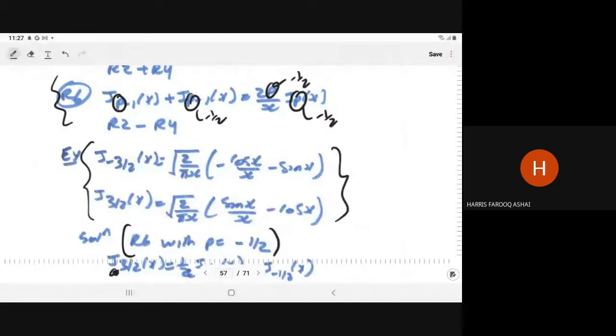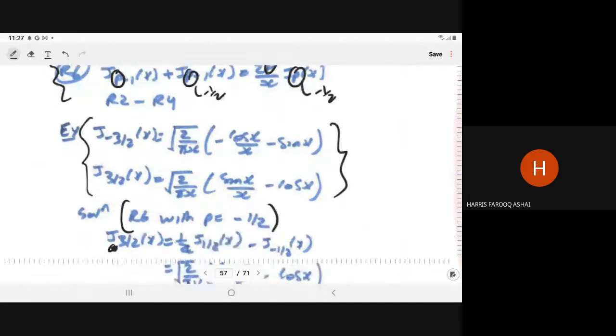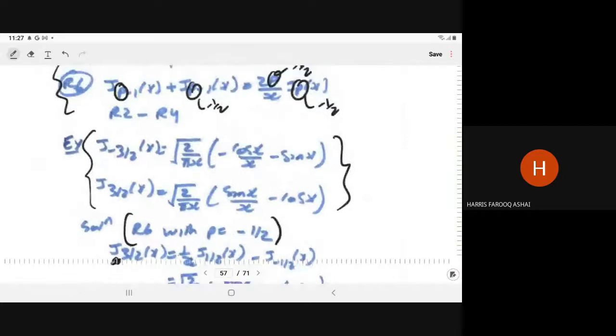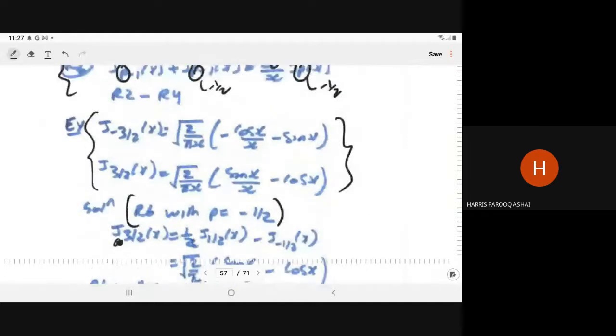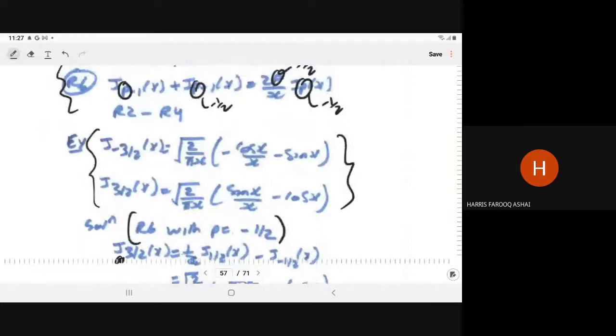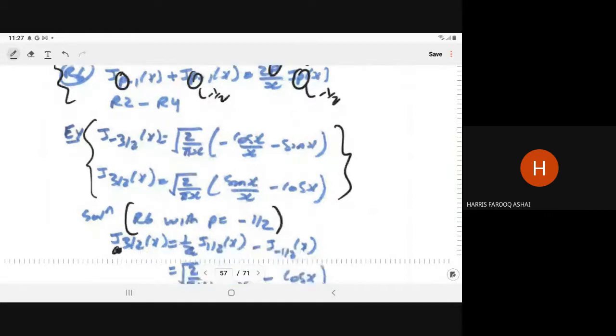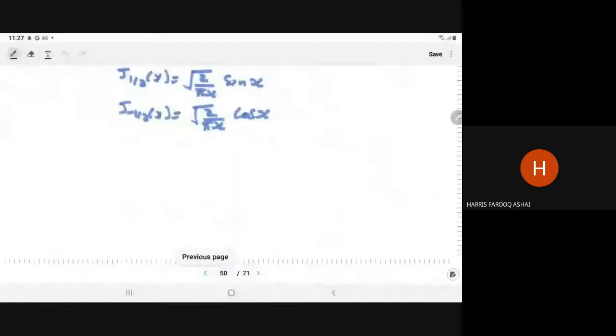Sir, I put the values. Over. Hmm? These are the values, no?